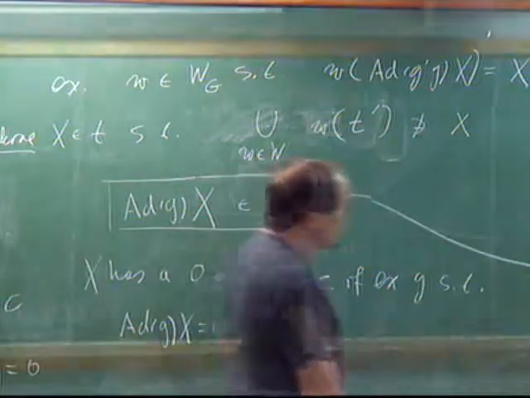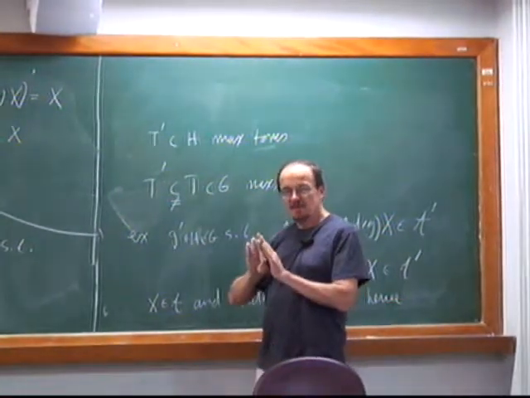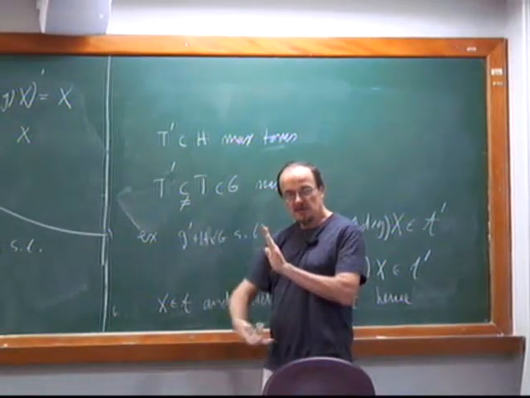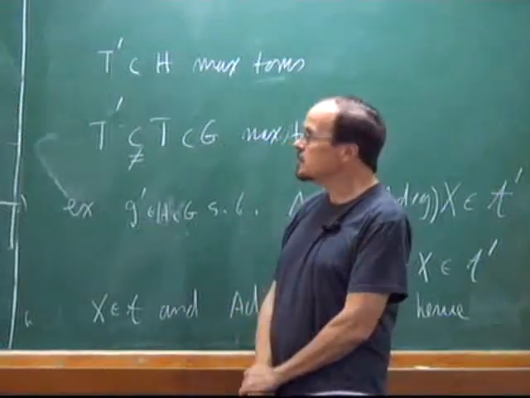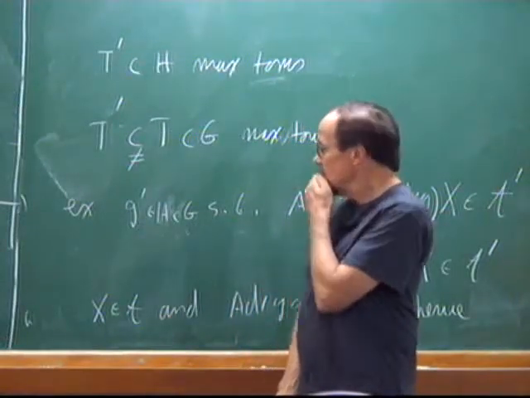T prime lies in T, so it's really a subtorus. W is a finite group. I look at all the finite union of these images of these hyperspaces, of these subspaces, and then I certainly can find an X outside of them.